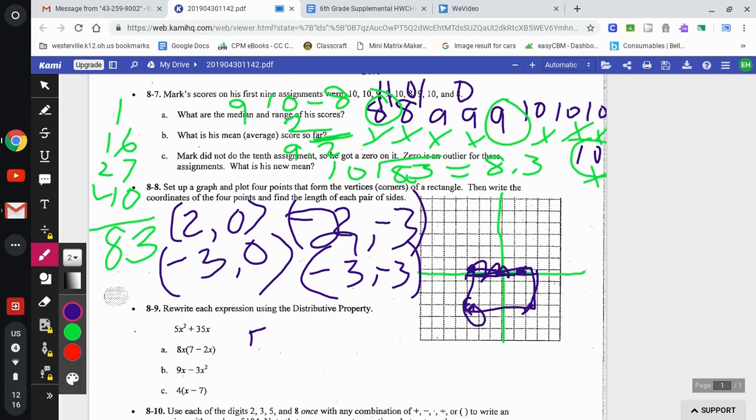So one way to get 5x squared is if you had 5x on the outside of your parentheses, you're going to multiply it just by x, because x times x is x squared. So 5x times x is 5x squared. And then 5x times what would be 35? That would be your 7, because 5x times 7 is 35x.